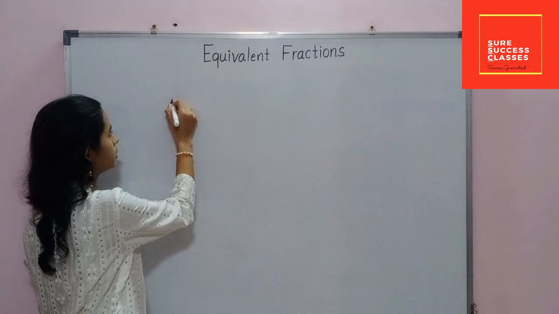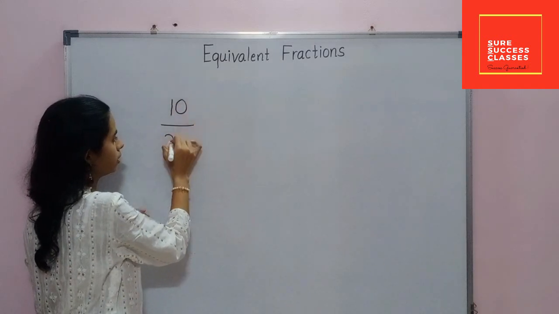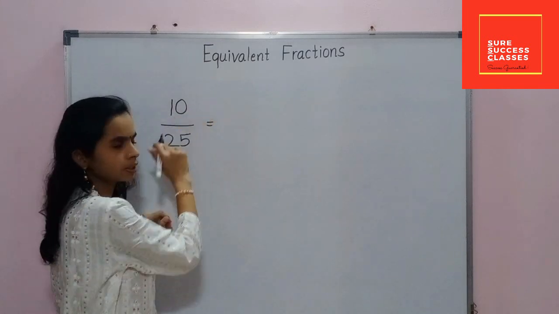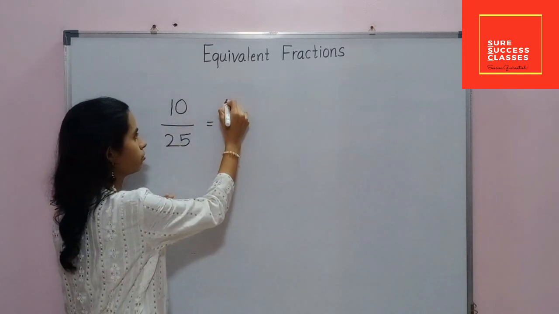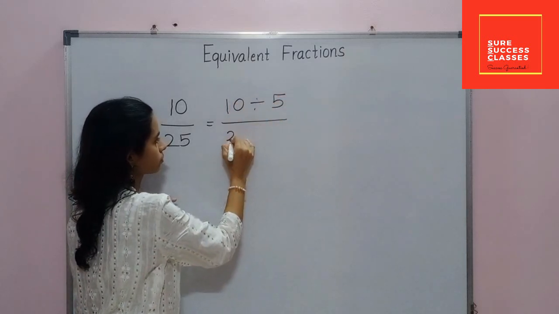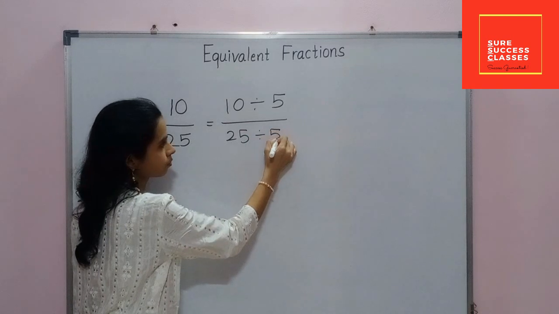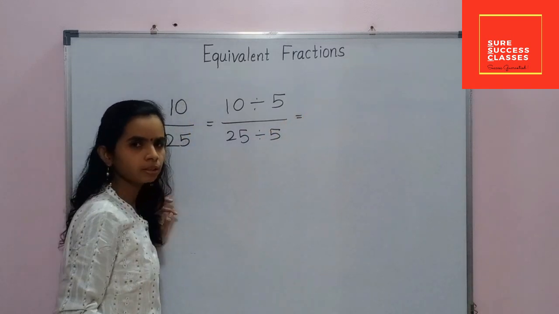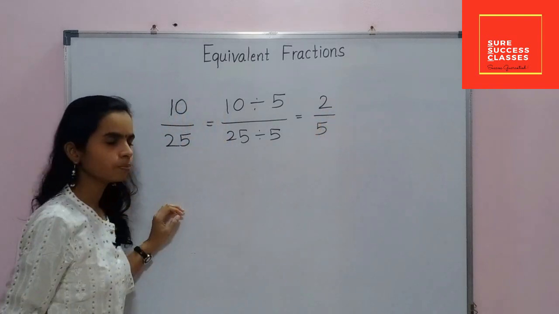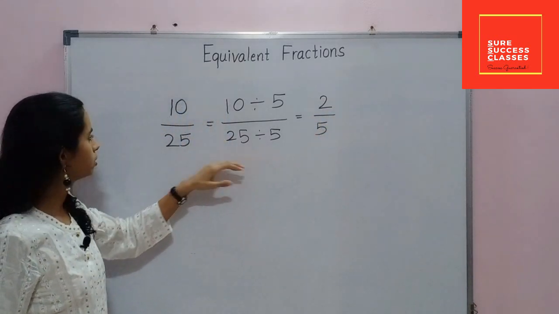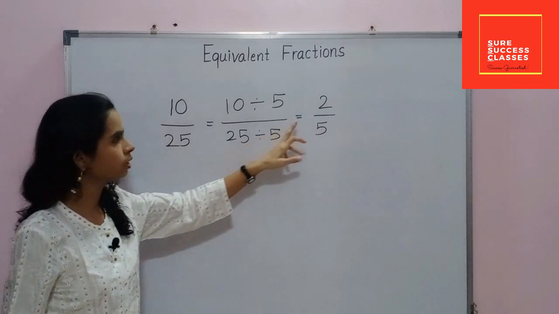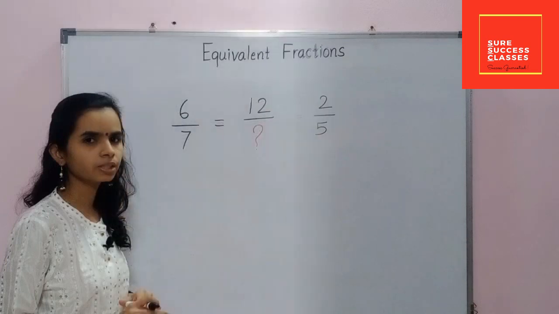If the given fraction is 10 by 25, we will divide the numerator and denominator by 5. Then we will get the fraction 2 by 5. So by division we can also find the equivalent fraction of 10 by 25. It is equal to 2 by 5.